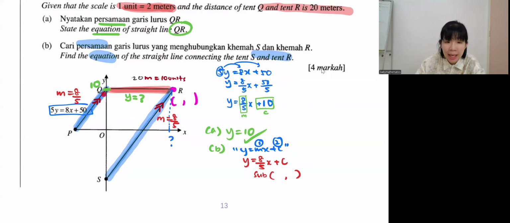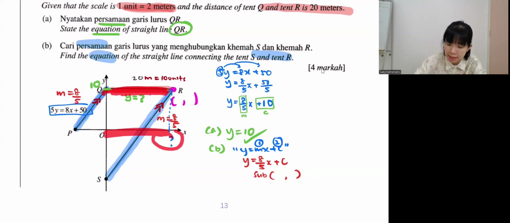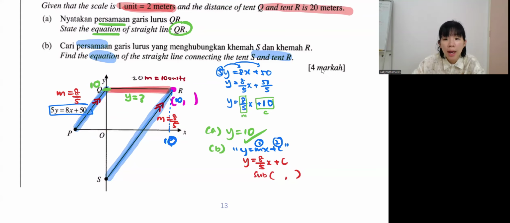You know this line, the length is 10. So here must be 10. Yes, the x coordinate is 10. How about y? The y coordinate is pointing to 10 also. So it is 10, 10. We got coordinate 10, 10.